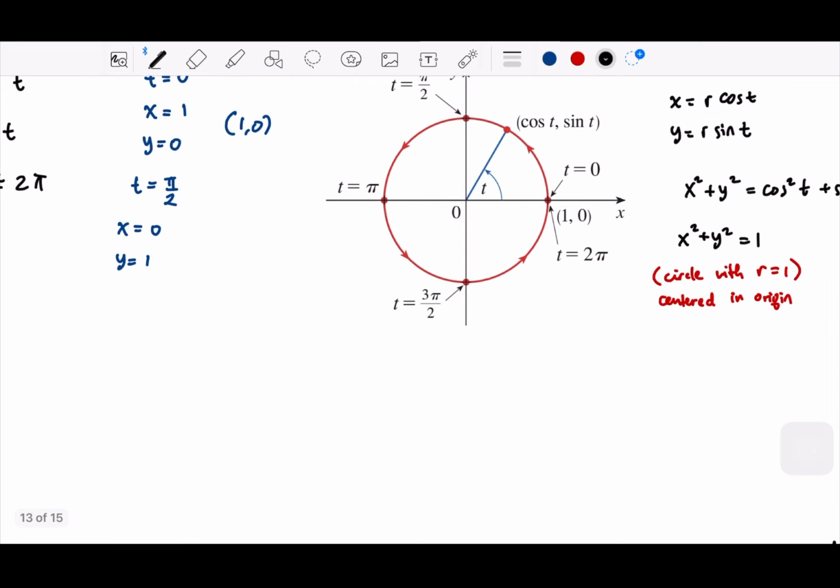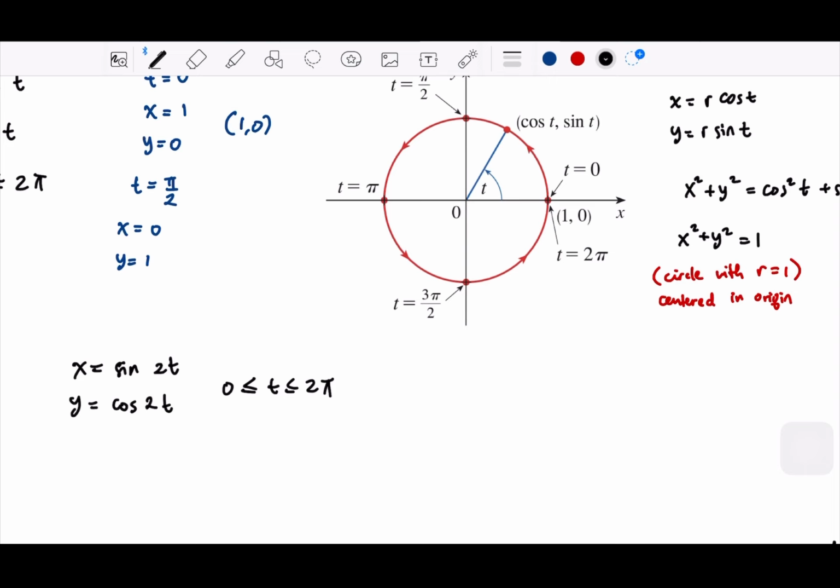Now if we have x as sine 2t and y as cosine 2t from 0 to 2 pi, of course it will be a circle, but the difference is it has 2t instead of t. So you can imagine, for example, if you take pi over 2, it becomes pi. If you take 3 over 2 pi, it becomes 3 pi.